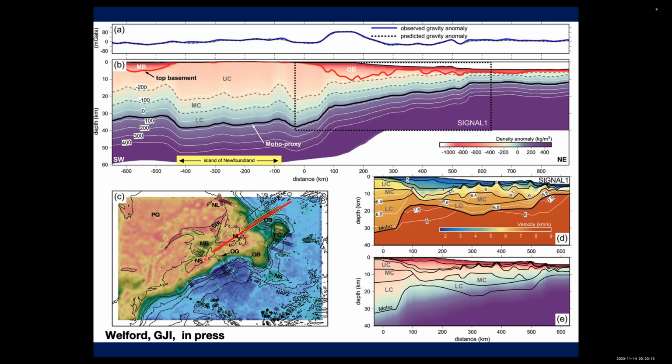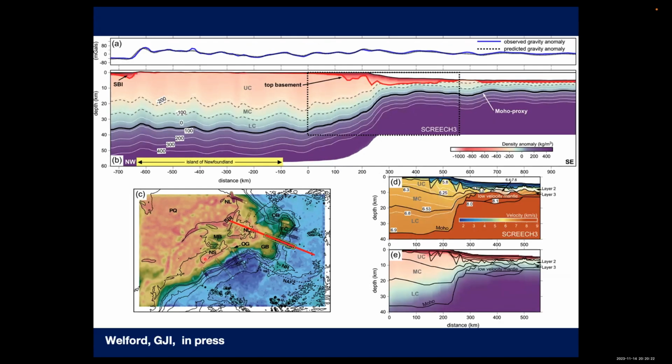Because I noticed at one point, maybe it's in this one or in the SCREECH line comparison that you did, on the lower right hand side, you interpreted, well, you know, possibly the Moho solution is seeing something that could be intrusions. How much of that might be just a factor of the seismic refraction actually perhaps having got it right, and that the model is basically just fuzzy in that area?